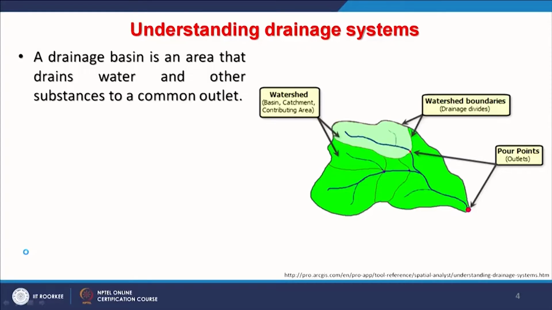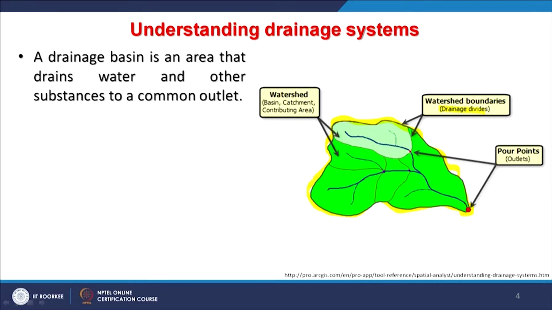Here is some terminology which we will be using. Those who are not familiar with this, it is fresh for them, but for those who know, it is a refresher. The important point here is the outlet of the watershed, and this topographic height which creates a watershed or topographic boundary is basically called the watershed boundary or drainage divide.